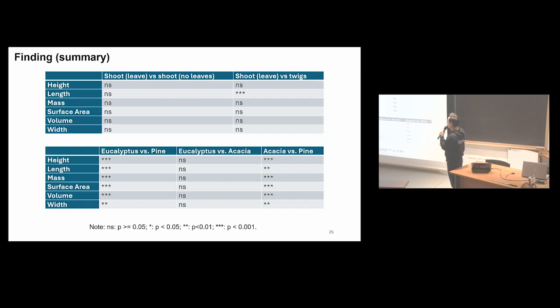Eucalyptus versus pine, and then acacia versus pine, these parameters are significantly different. Eucalyptus and pine, and then acacia and pine are very different.